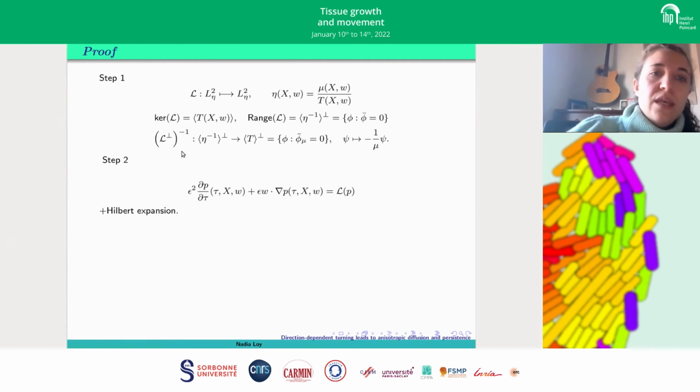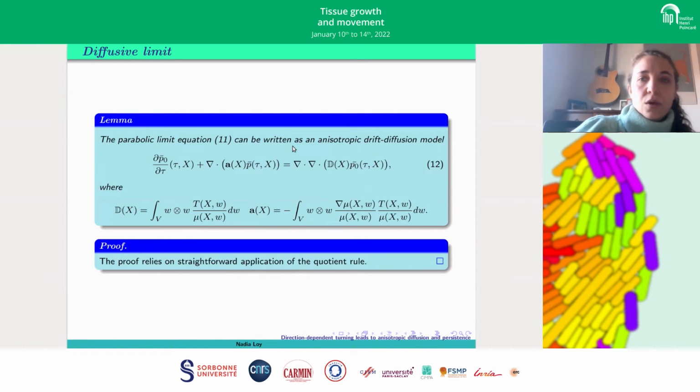And therefore, we invert our operator L from this space to the orthogonal of the kernel of L, that is made of the cell populations that have a 0 macroscopic turning part. We can also rewrite our macroscopic equation in this way.